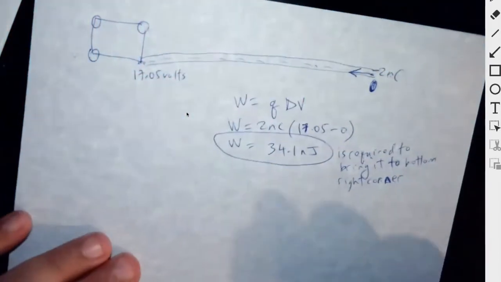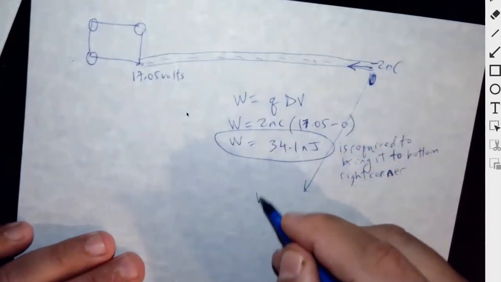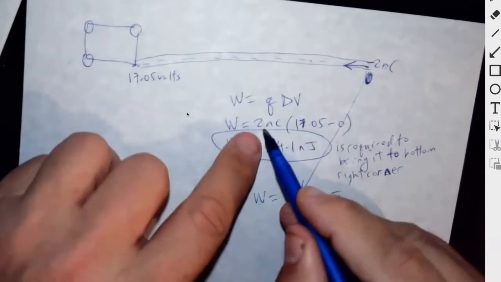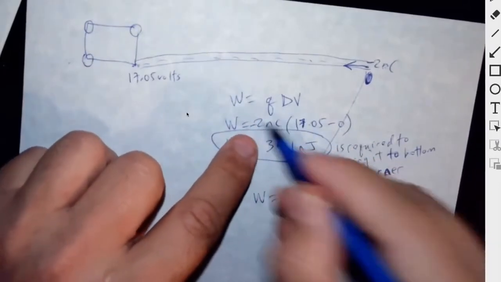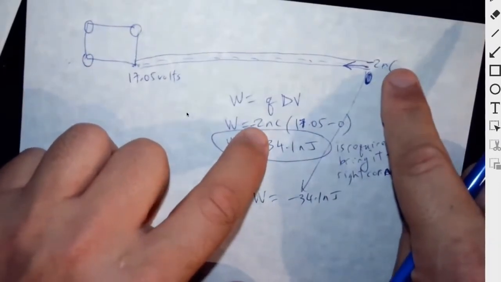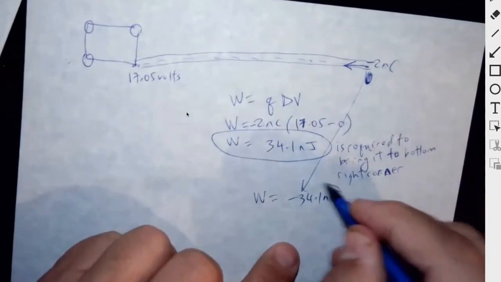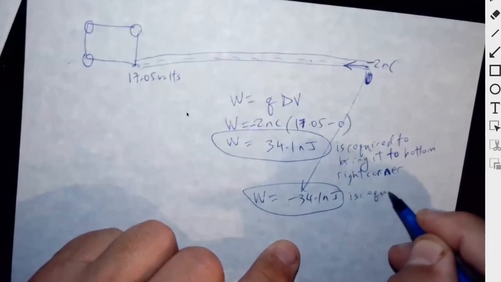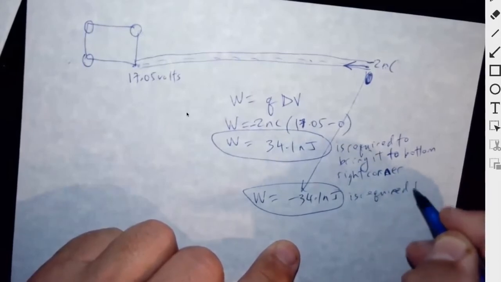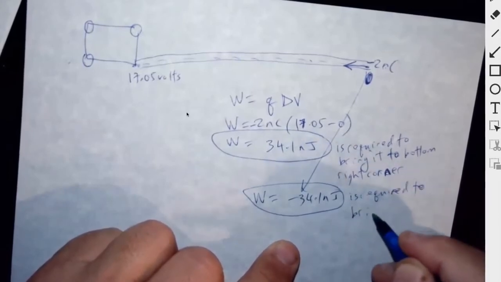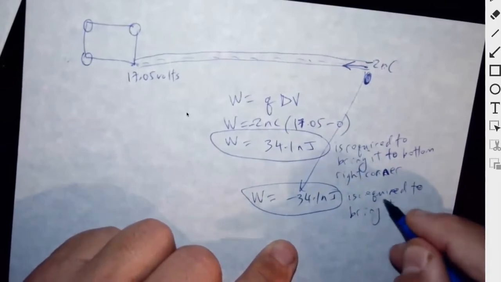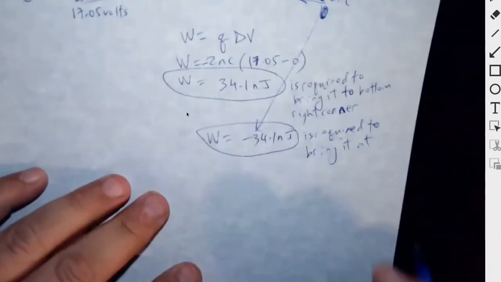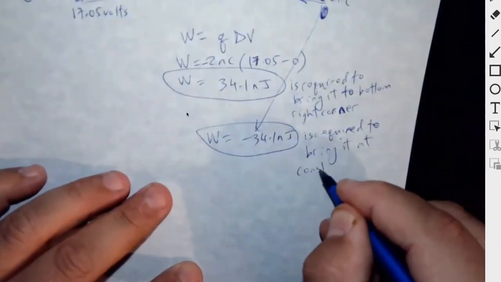So the answer would be negative 34.1 nanojoules. You see here we put negative 2 if the charge is negative. This much work is required to bring it at constant speed.